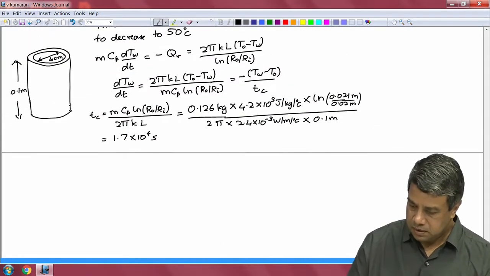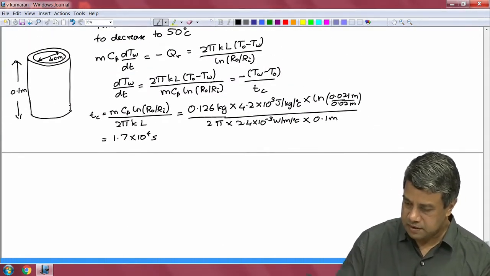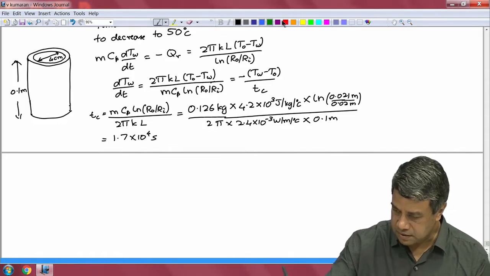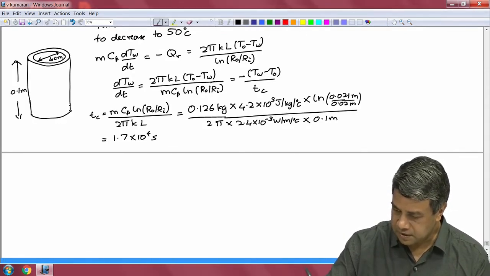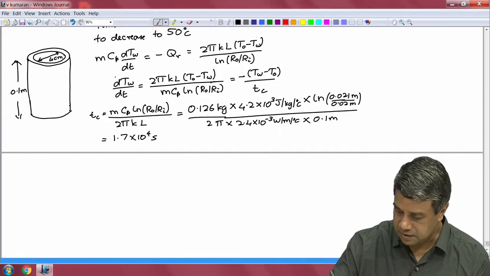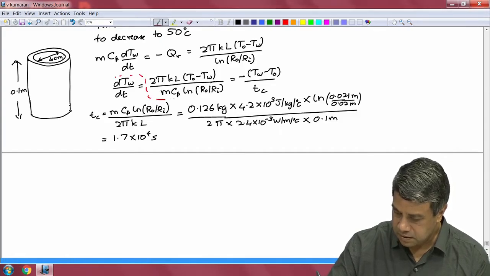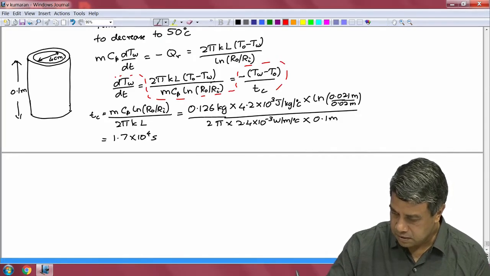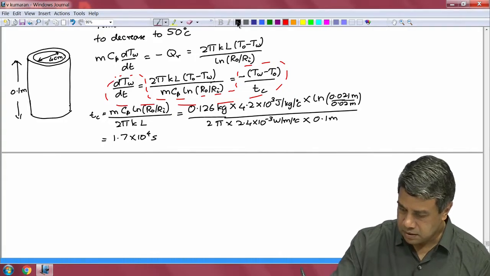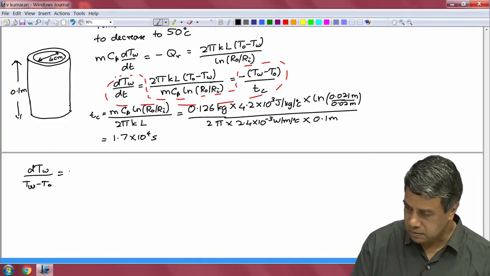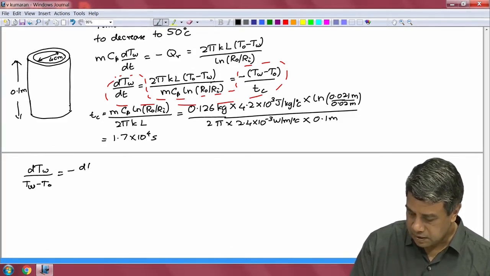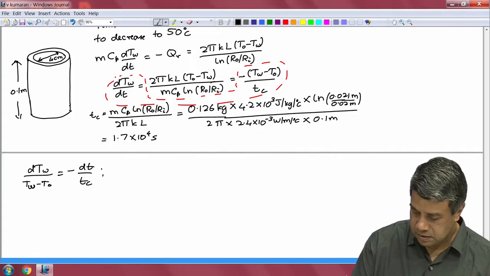Now, with this time constant, I have to solve this equation. This is the characteristic time. With this characteristic time I have to solve this equation, and the solution is an exponential. dTw by Tw minus T naught is equal to minus dt by Tc.